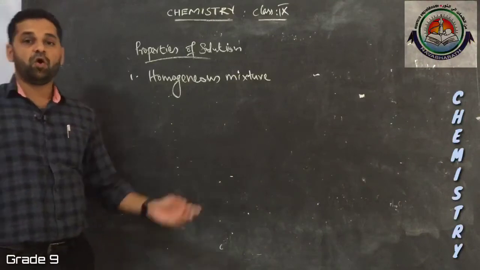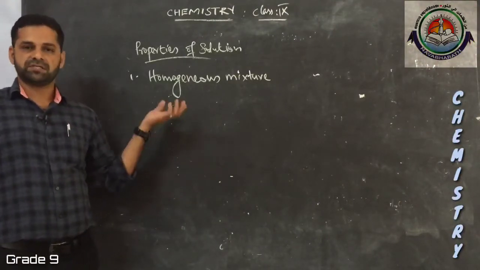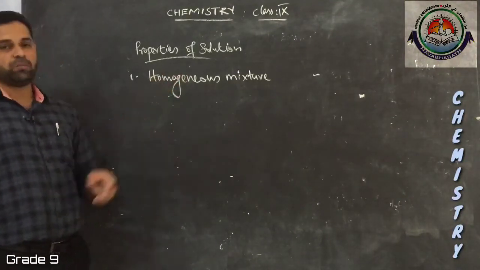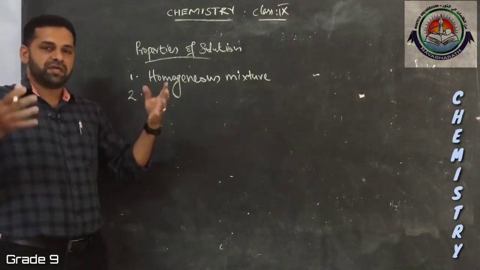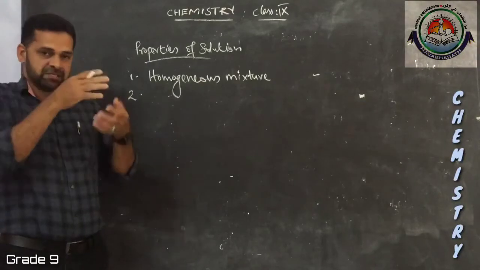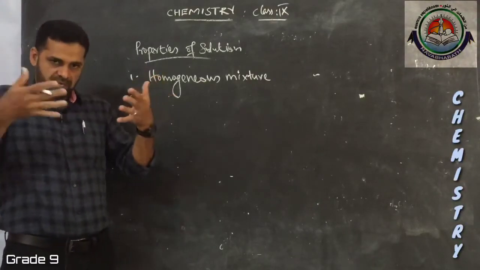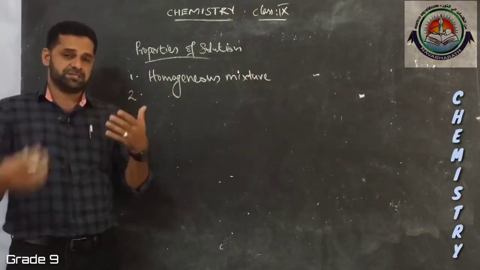A solution is a homogeneous mixture of two or more components. In a solution, both the solute and solvent are uniformly distributed and there are no visible boundaries of separation. So they are homogeneously distributed.